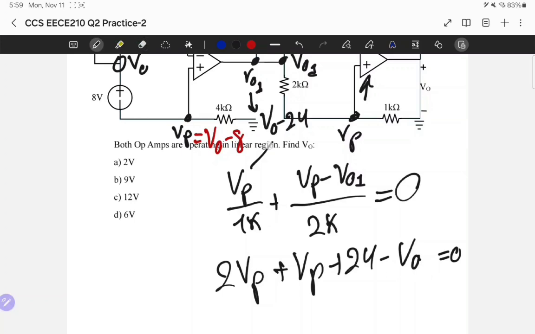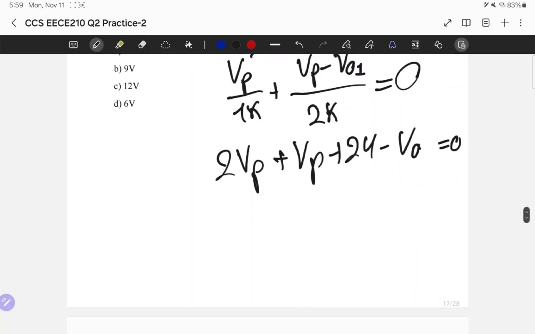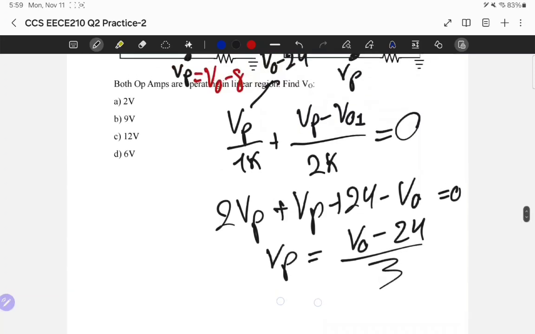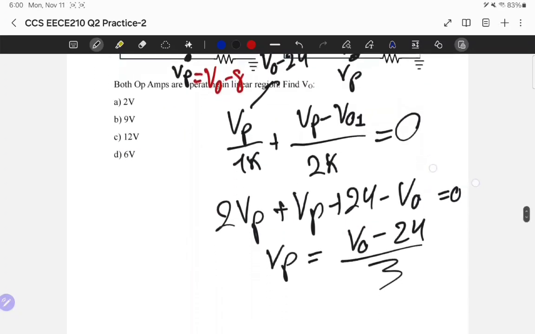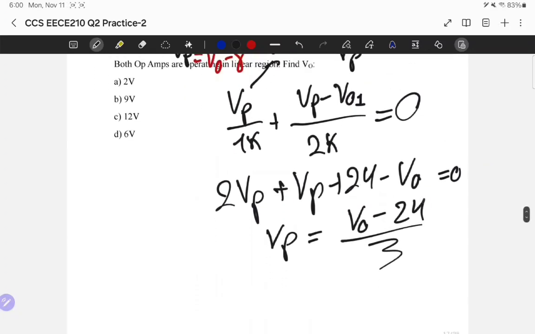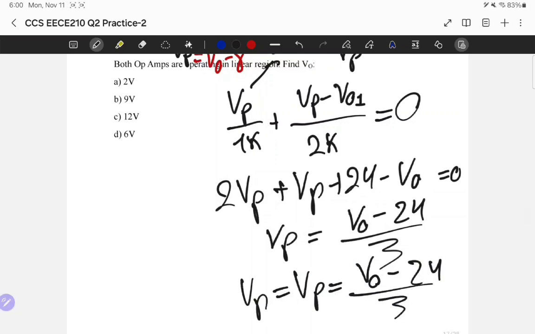So Vp is gonna be equal to VO minus 24 over 3. And I carry this Vp up onto Vn. I found Vp, so Vn is equal to Vp is equal to VO minus 24 over 3.